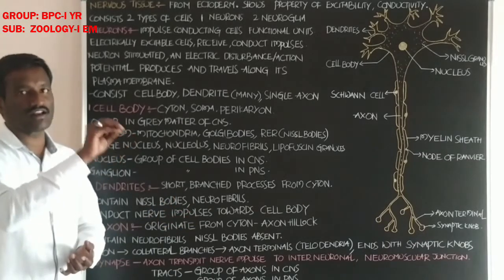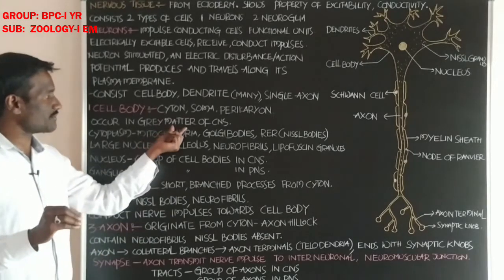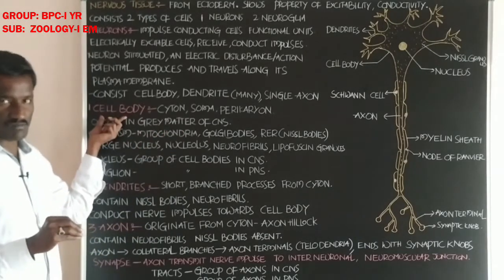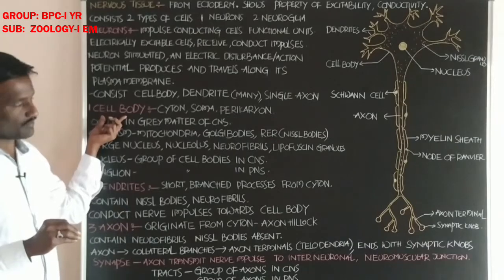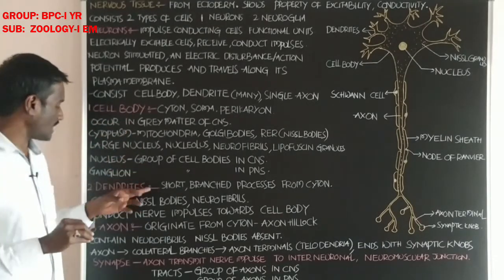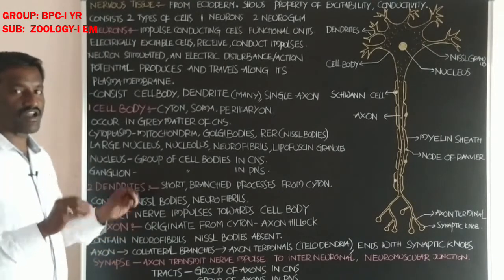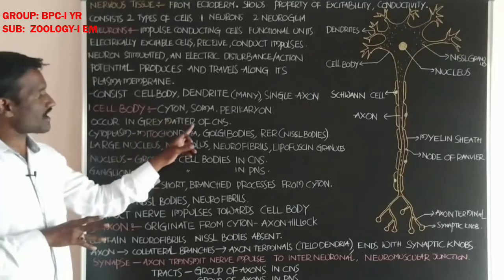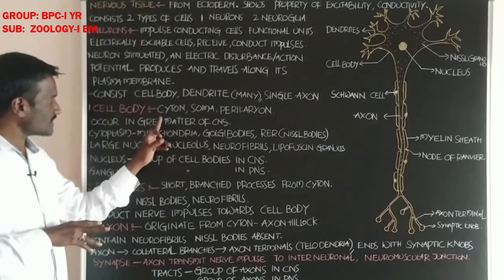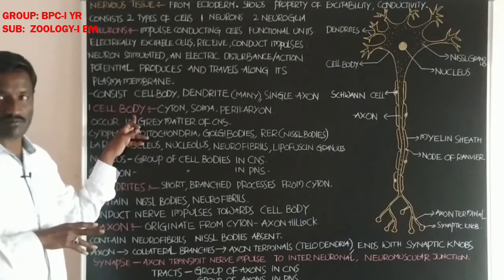The gray matter consists of the cell bodies of neurons. The remaining parts of the neuron, such as dendrites and axon, are not present in the gray matter of the central nervous system. The gray matter of the central nervous system consists of cell bodies.